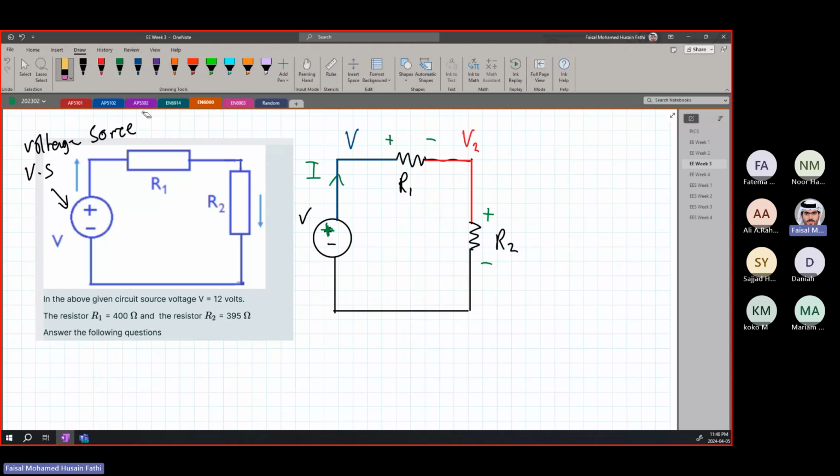What I want you guys to understand is, one, the polarity. We said the current is going upwards in this direction, meaning the current is going like this throughout the circuit, and then it reaches the source itself. So the current now is going into the resistor. The standard notation is always positive where the current is entering and negative where the current is exiting.